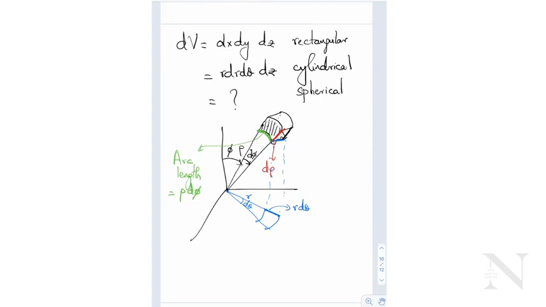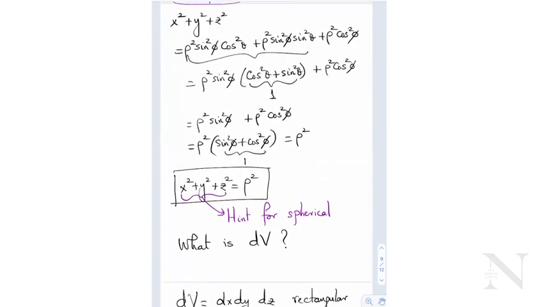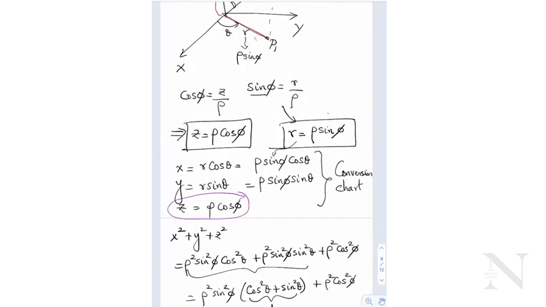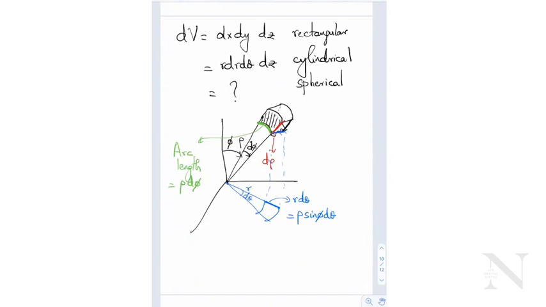But r is rho sine phi. Remember that r is not allowed in spherical coordinates. r was rho sine phi up here. So this blue side is going to be rho sine phi d theta.